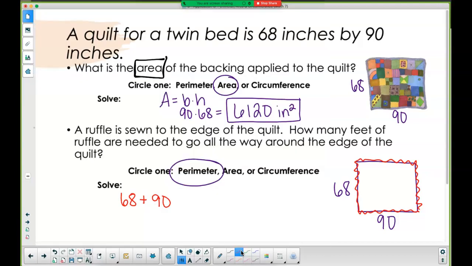Is that it? No, that's only two of the sides. We need to cover all four sides. So plus 68 plus 90. So we add that all together, and you get 316 feet or inches? Which one?